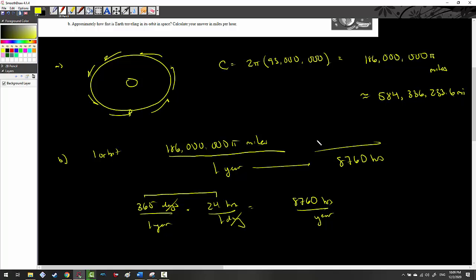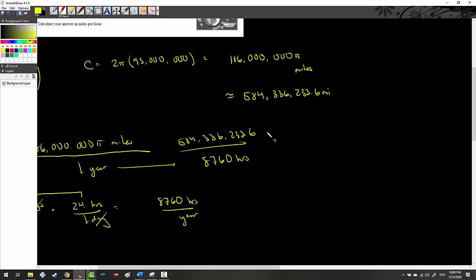In fact, I'll just convert them to a decimal again. 584,336,233.6, and if I divide that physically in a calculator, it boils down to about 66,705 miles per hour.